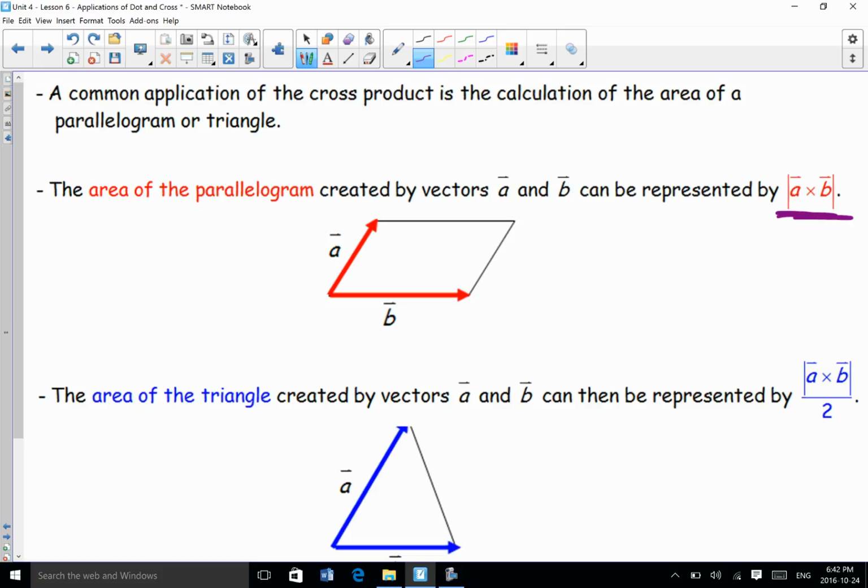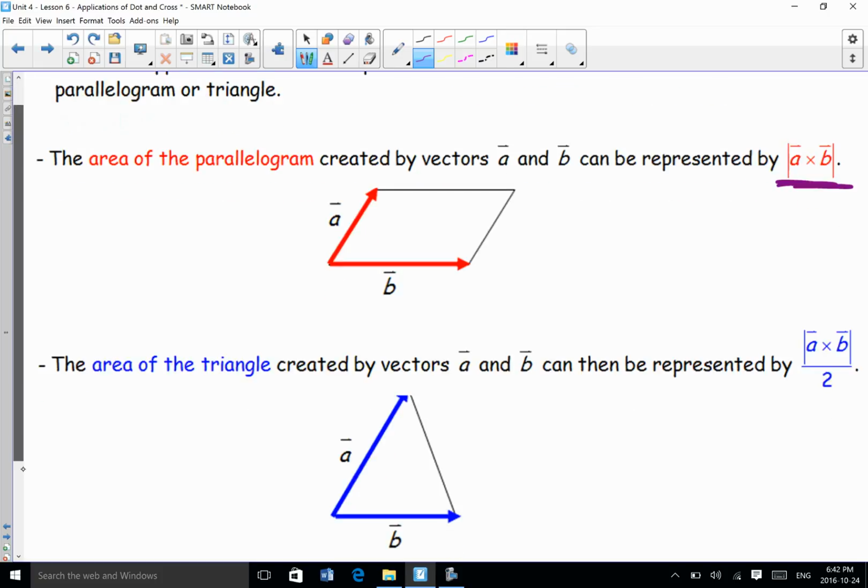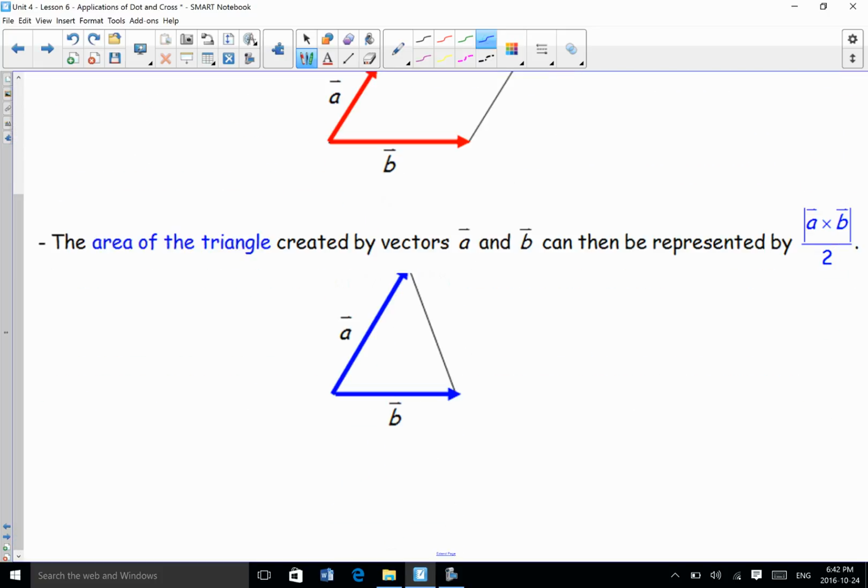A triangle is just a special version of the parallelogram. If you stop and think, my parallelogram will go like this, and my triangle is half of that. So I can do the magnitude of a cross product divided by 2, and I can find the area of a triangle fairly quickly. And this works in 3D, obviously, 3 dimensions.